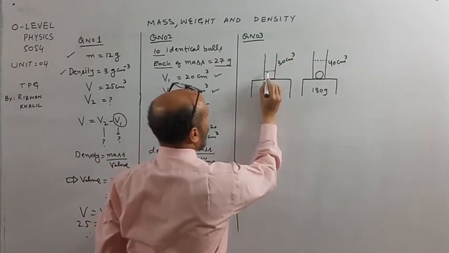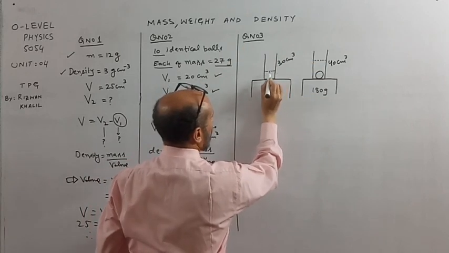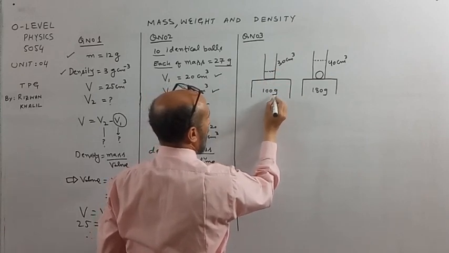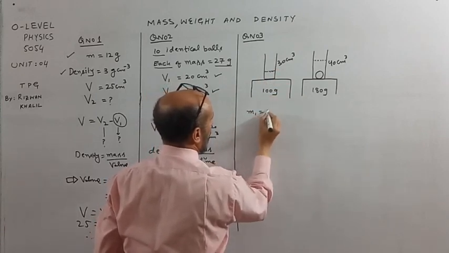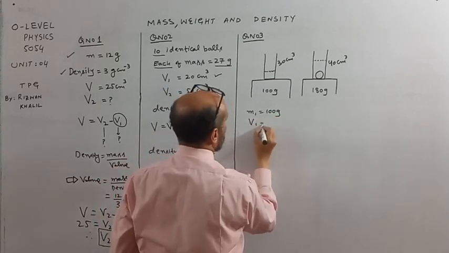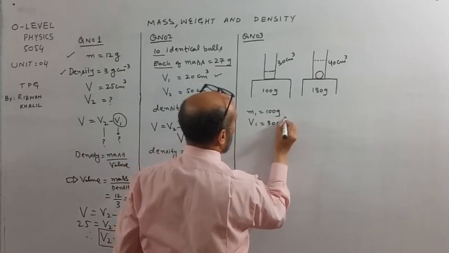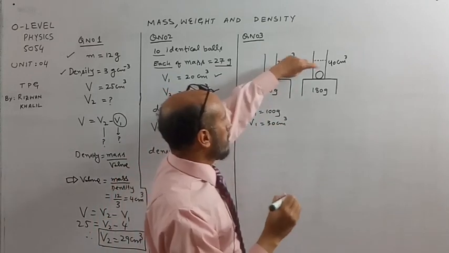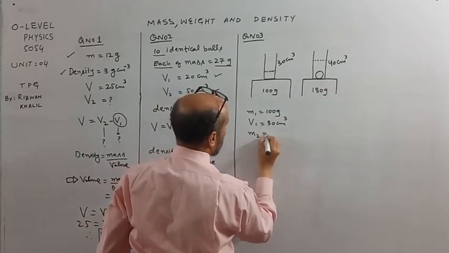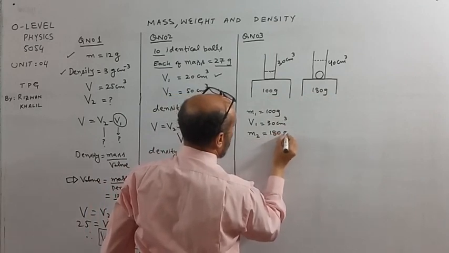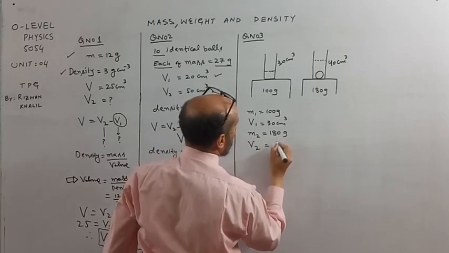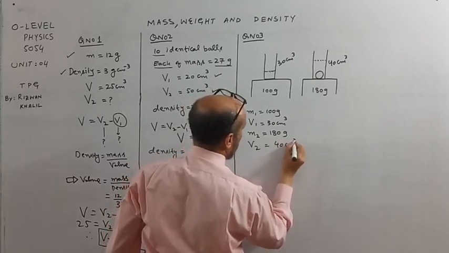When there was only water or liquid in the measuring cylinder, the mass was 100 grams and the volume was 30 cubic centimeter. But when the ball was immersed in the liquid, its mass changes from 100 grams to 180 grams and its volume changes from 30 cubic centimeter to 40 cubic centimeter.